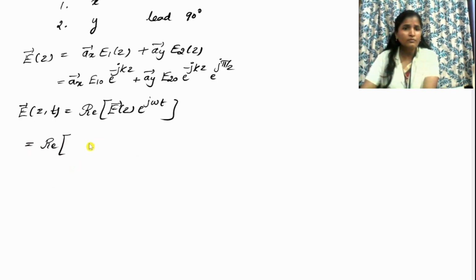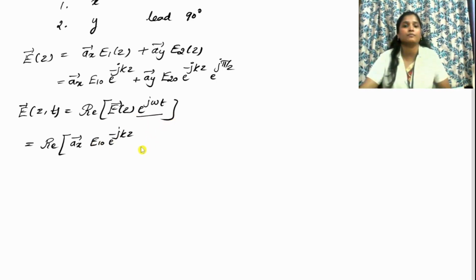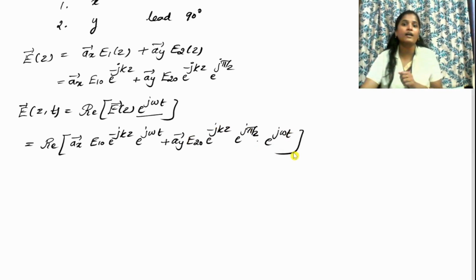E of z is equal to a_x E1 naught e power minus jkz, and we multiply it with e power j omega t, because it is common for both terms, plus a_y E2 naught e power minus jkz e power j pi by 2 into e power j omega t.